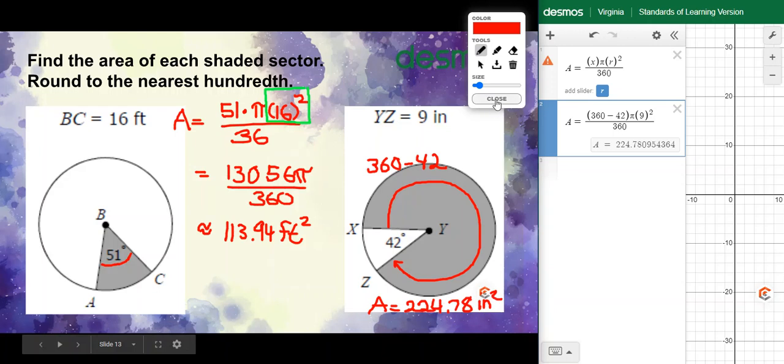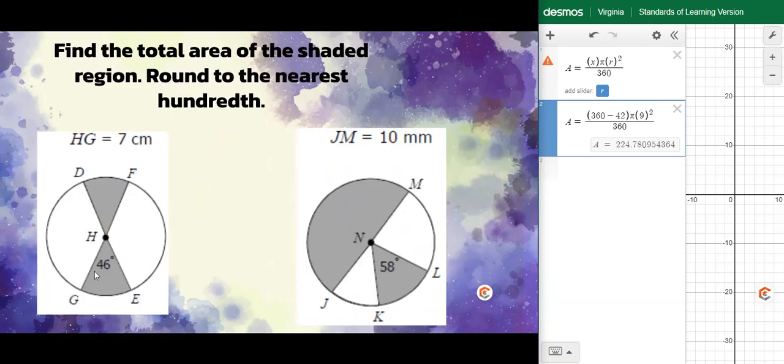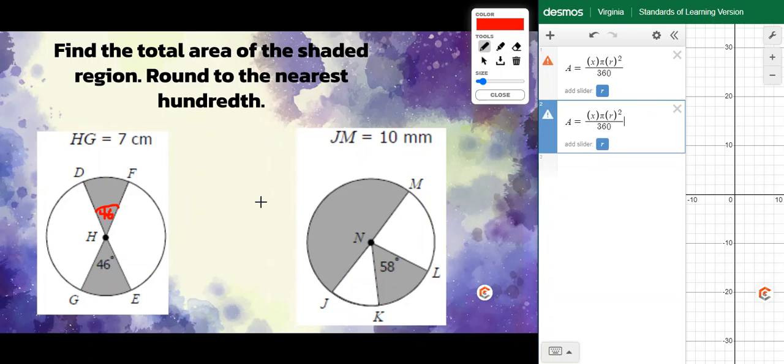All right. Take a moment and try these examples on your own. My angles are going to be 46 plus 46, or 2 times 46.